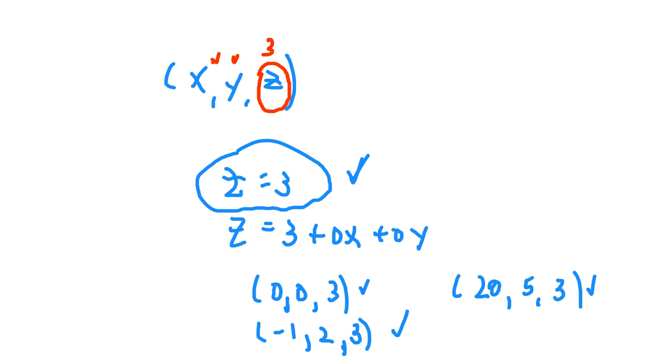So what do you think is going to be traced out? If you had to describe this surface Z equals 3, what would it look like in three-dimensional space? That's right, Lexi, a plane. Very good.